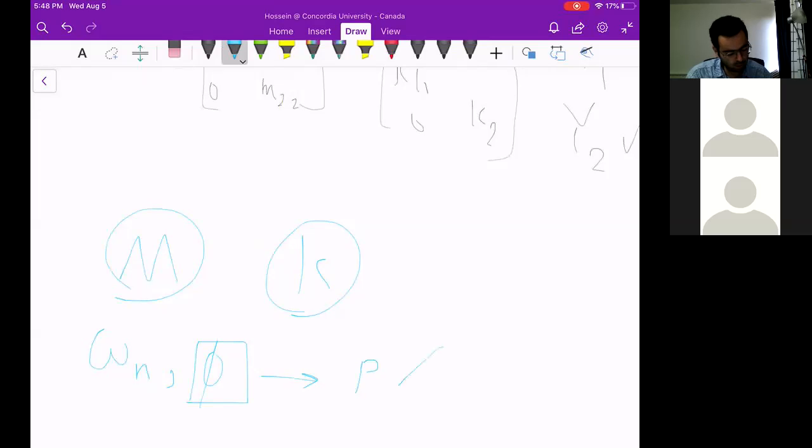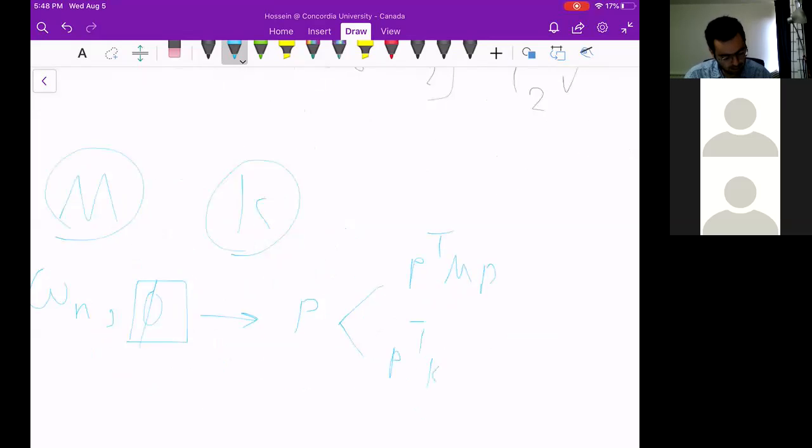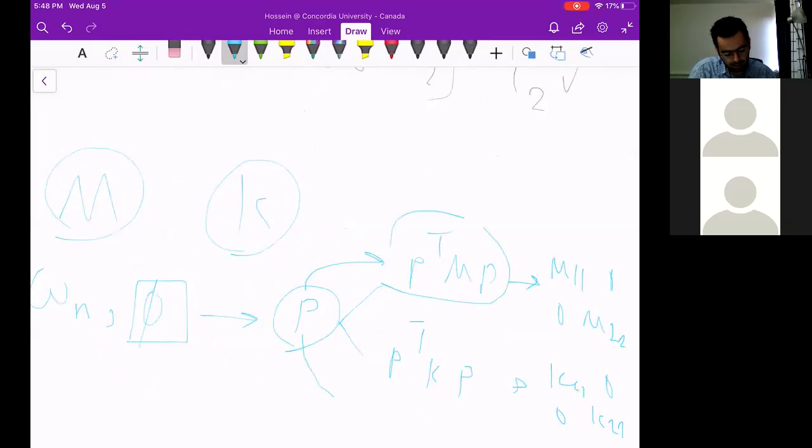Then you can diagonalize: P transpose M P is the diagonalized mass, and P transpose K P is the diagonalized stiffness. We just wanted to show that this matrix can diagonalize matrix M, and this can diagonalize matrix K.